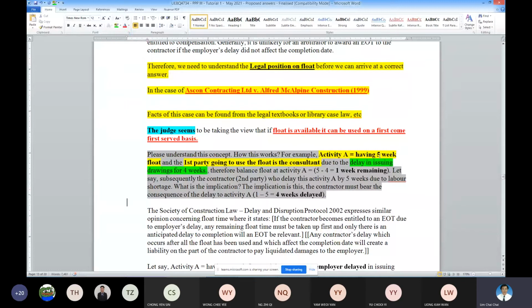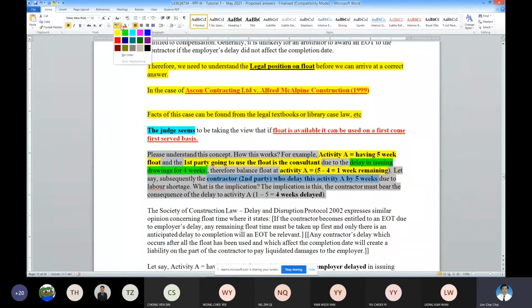The first party using it, first come, the consultant delays for 4 weeks. So the balance of activity A will be 1 week remaining. Clear? It's 1 week remaining. Then the second party is the contractor who delays the work by 5 weeks.